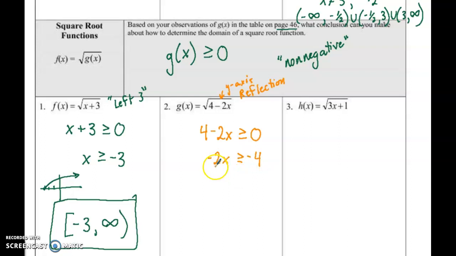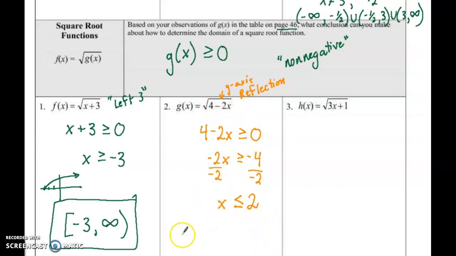And then when you divide by a negative, think for a second, what happens when you divide by a negative? That inequality switches. So this actually explains why that y-axis reflection flips everything around. So instead of going left 2, it's going to be right 2. And the reason why it's right is because you could factor out a 2 out of that.